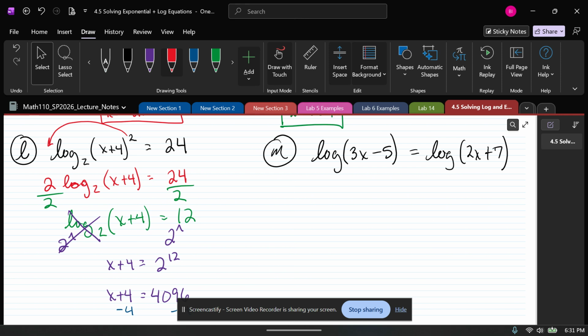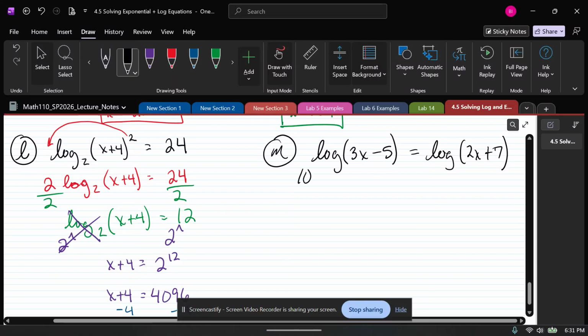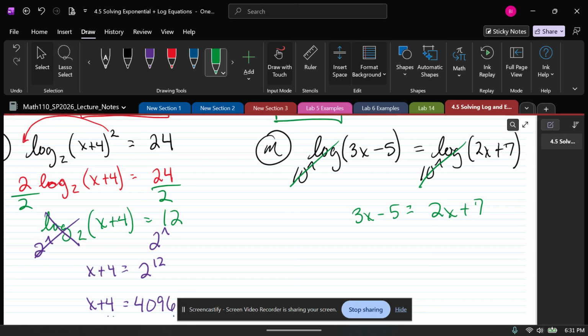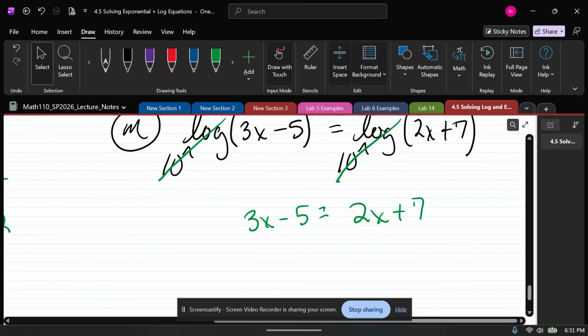Because they're the same logarithm and there's nothing else going on the outside, I can go ahead and exponentiate with a base of what? 10. And that's going to cancel out my logarithms and leave me a good old Algebra 1 problem to solve. 3x minus 5 is equal to 2x plus 7.